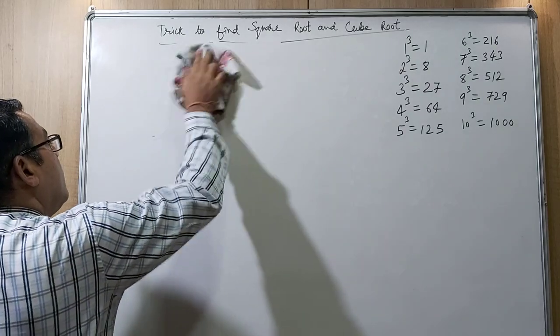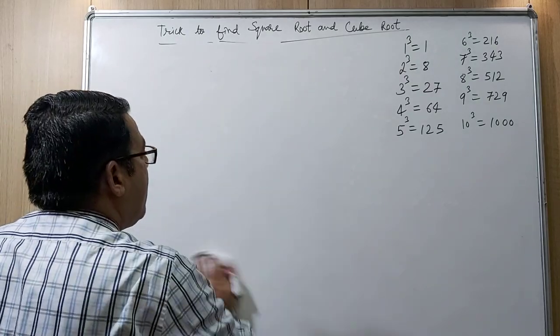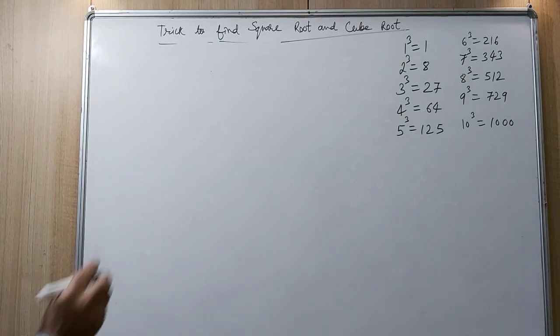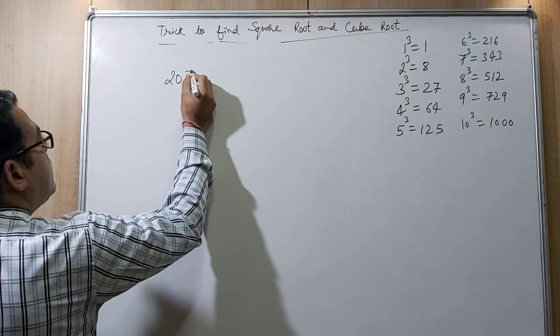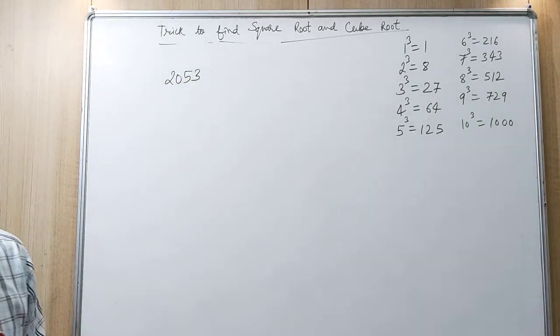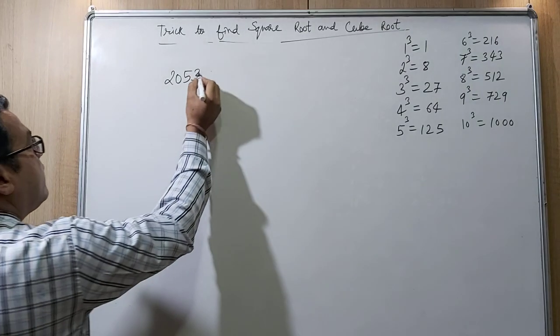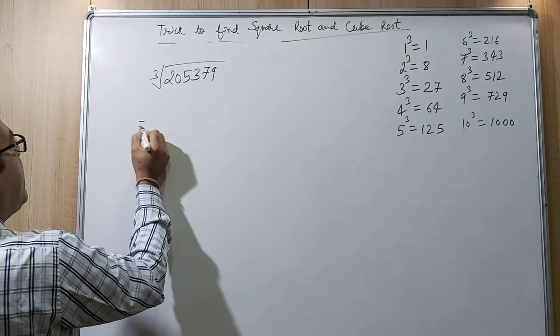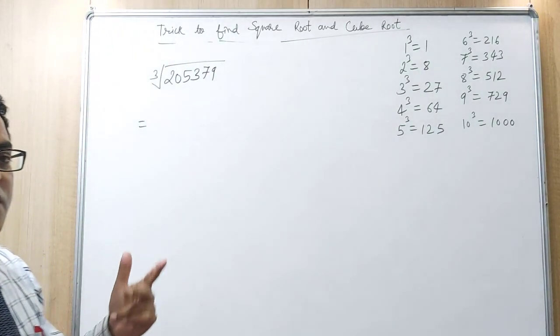Now let's move ahead and find the cube root of a 6-digit number, a huge number. I am taking the 6-digit number 205379. This is a very big number, and we have to find its cube root, and within seconds the same trick helps us find it easily.